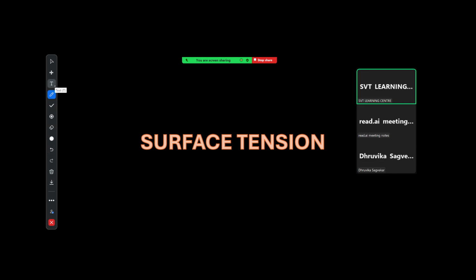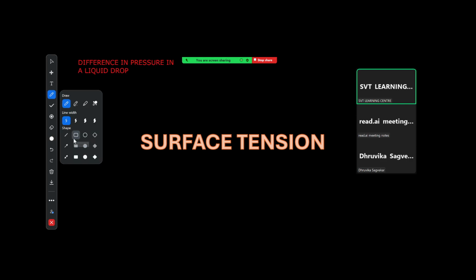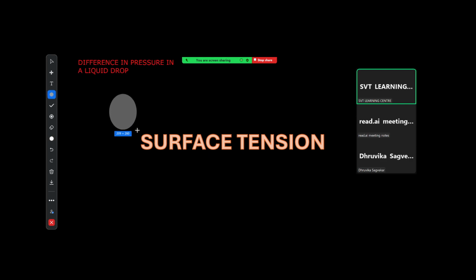Now we look at the difference in pressure in a liquid drop. Okay. So let us say that we have taken a liquid drop over here.